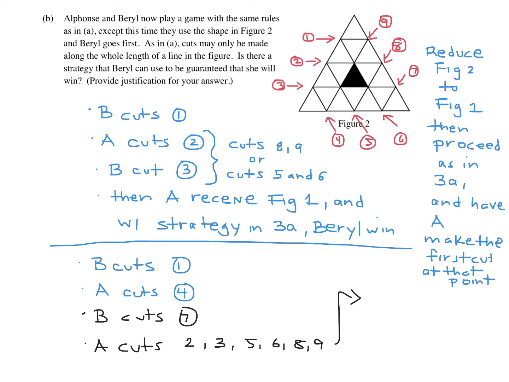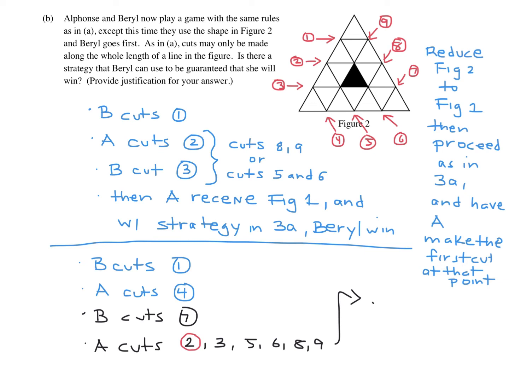At this point, let's say that we have to give an example here. So I'll say that the cut that A did was 2. So let's show it on the diagram here. We have 1 cut, 4 was cut, 7 was cut, and then now A cuts 2.